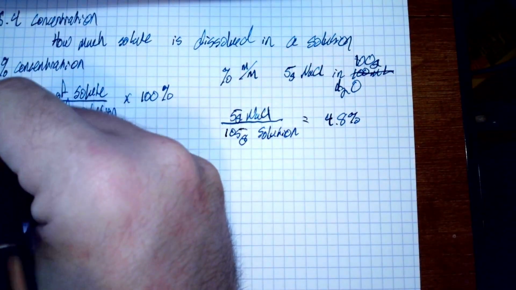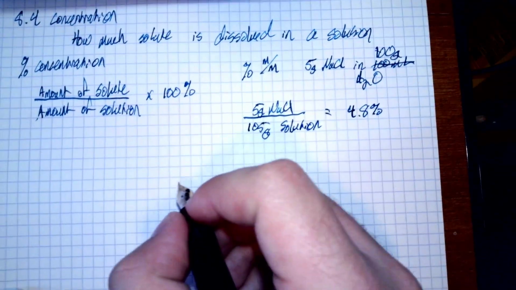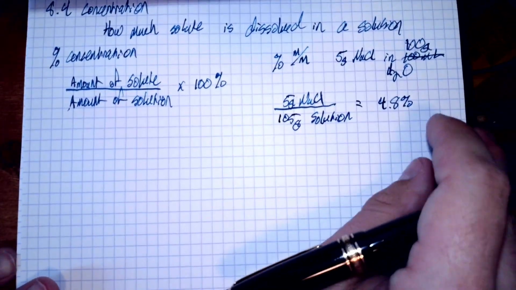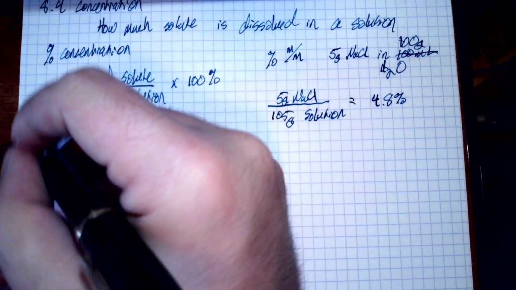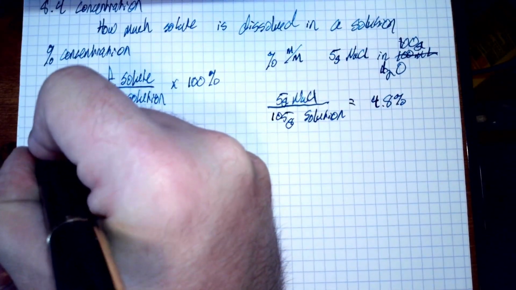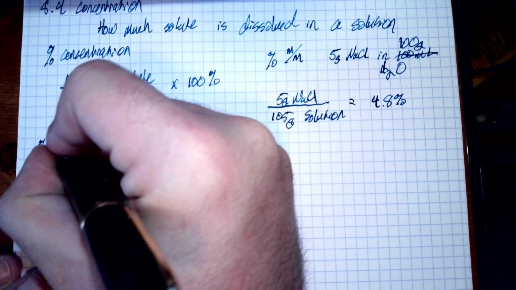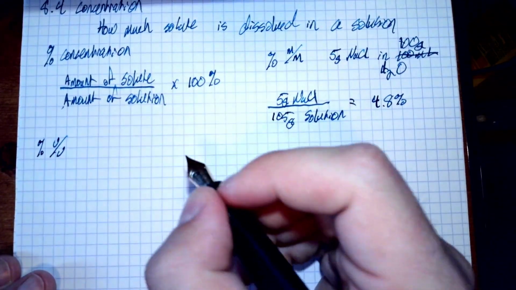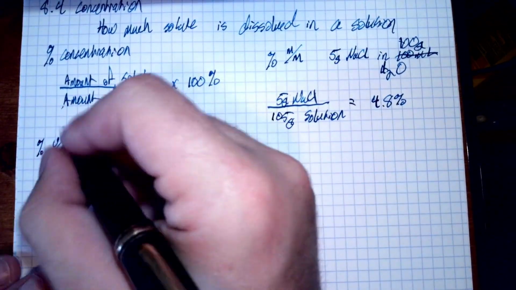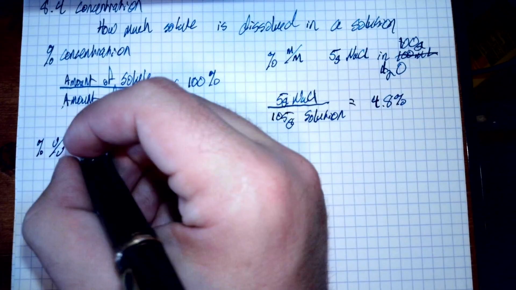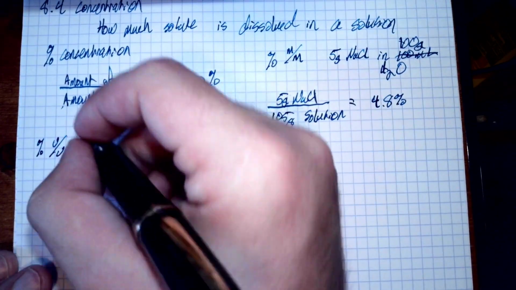Now, let's look at another type of percent concentration. Let's do percent volume per volume, right? Same deal. We can work with anything as long as we have the same units on top and on the bottom.